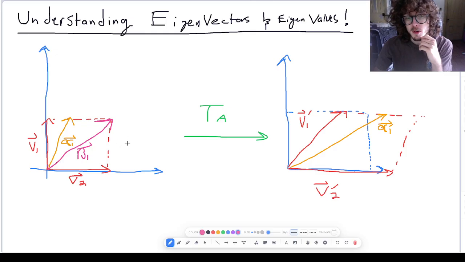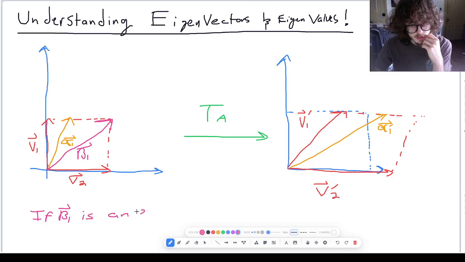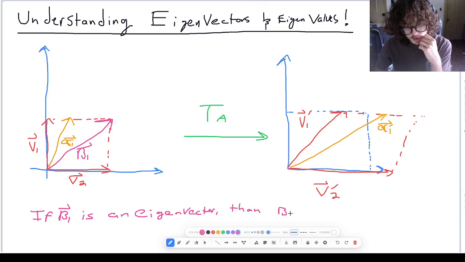If this vector beta 1 is an eigenvector, then beta 1 prime is just some scalar multiple of beta 1. Okay? That should make sense, right? And lambda in this case being a scalar.